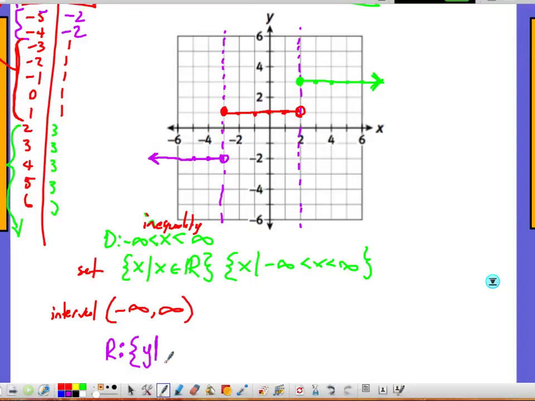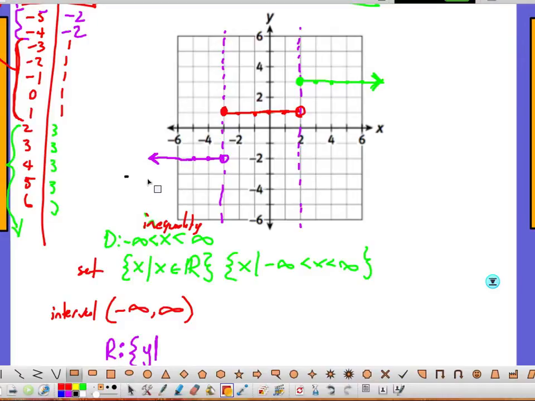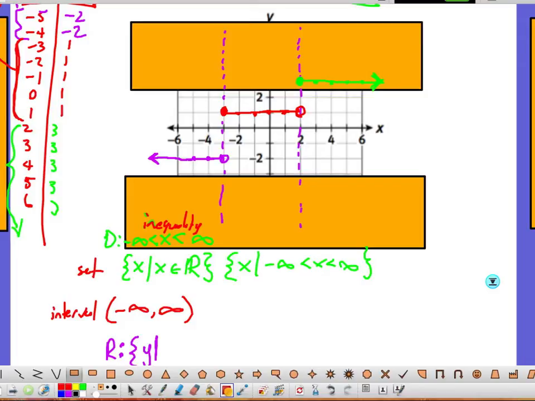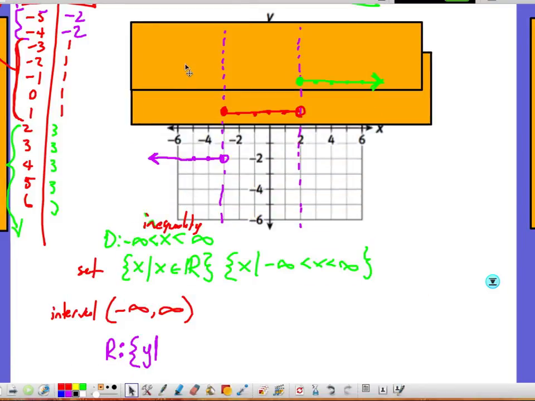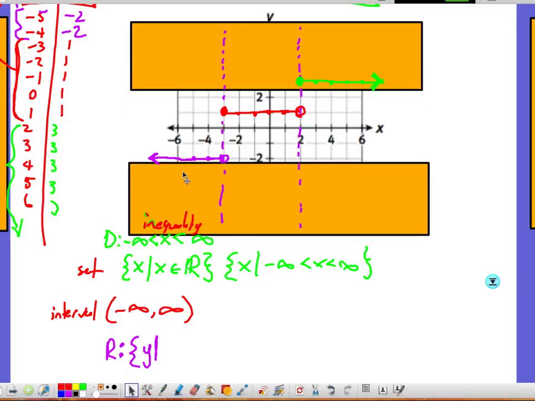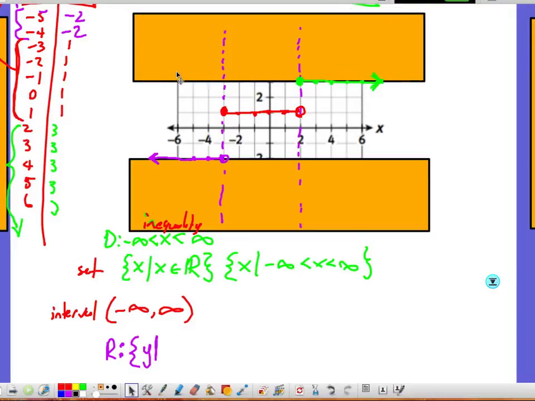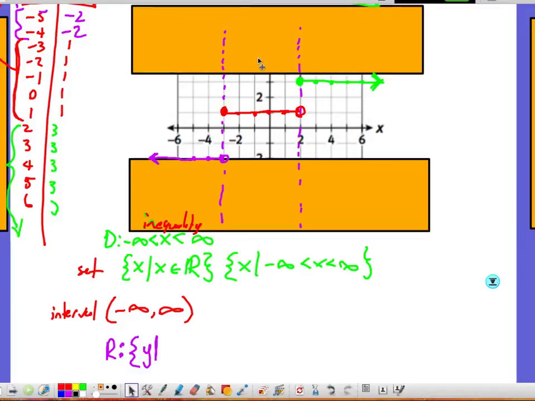Now, if I use the idea of elevator doors here, this time since it's the range, I'm using vertical opening elevator doors, and as you can see, I would probably stop my bottom elevator door here and my top elevator door right here. And so my range would be from -2 to +3.